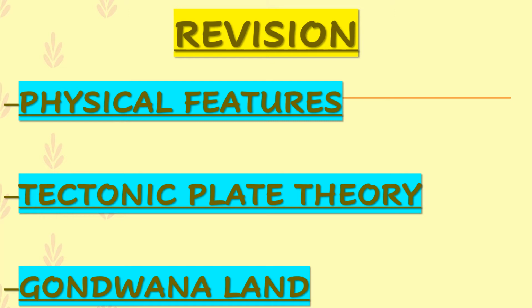If we take mountains as an example, there are different forms of mountains made up of different kinds of rocks, different kinds of soil, which we studied in the earlier lecture. We have black soil, correct? We have different kinds of rocks, igneous rocks, sedimentary rocks, metamorphic rocks. So all this results in the physical features.